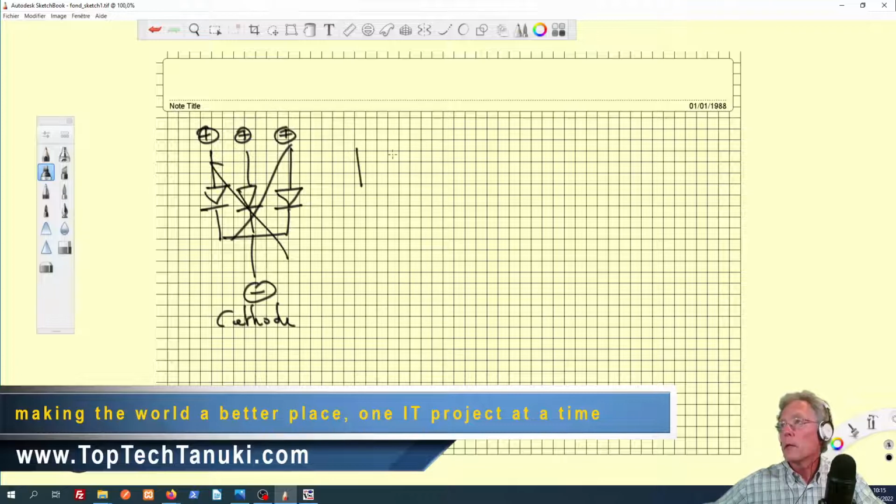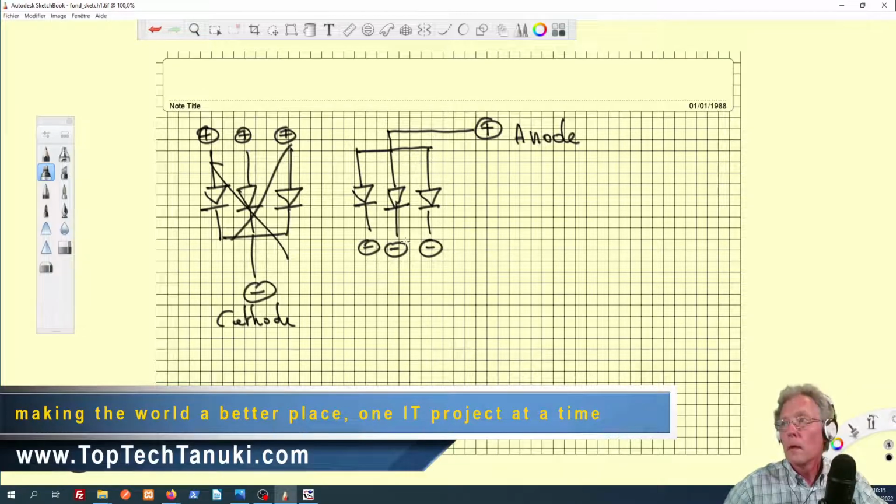So common anode, as you can guess, will use a common positive. And that was my type here.